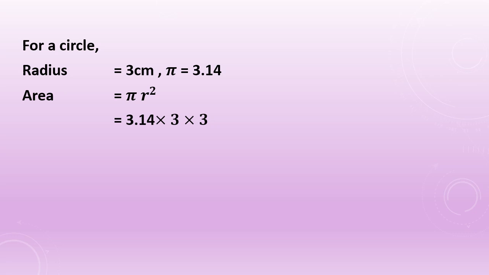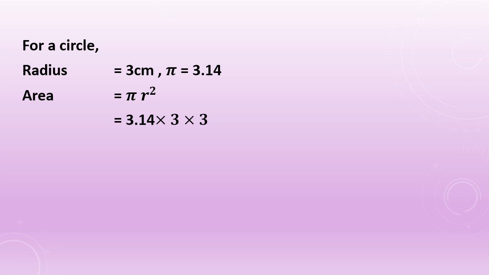Area equal to pi r square. While substituting the value, we get 3.14 multiplied by 3 into 3. While multiplying, we get the answer as 28.26 centimeter square. That means the area of the circle to be removed is 28.26 centimeter square.